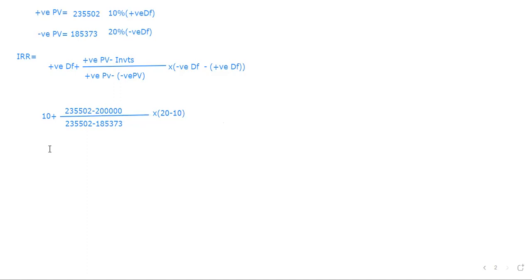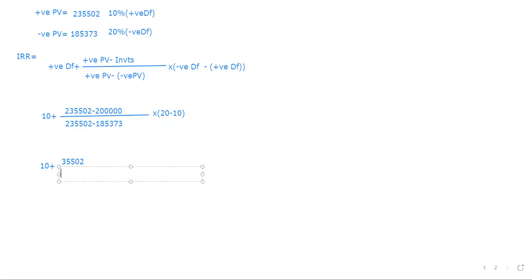Now simply start simplifying it. 10% plus, that is 35,502, because when we subtract the investment we get this. And for the denominator, I need to use my calculator again.